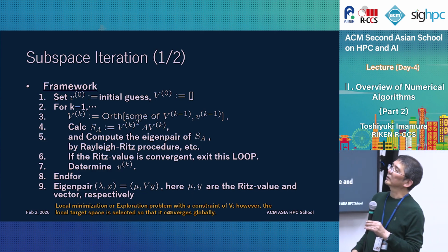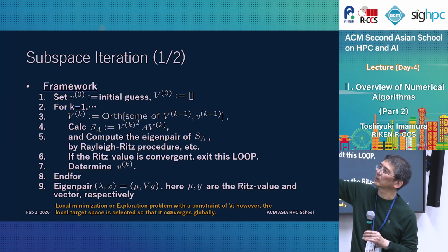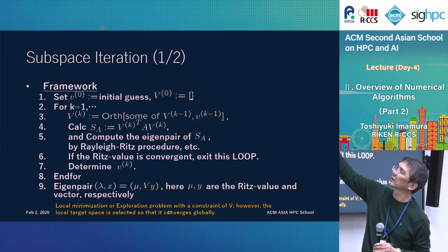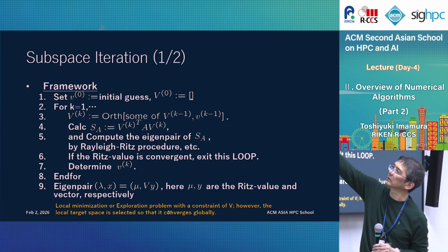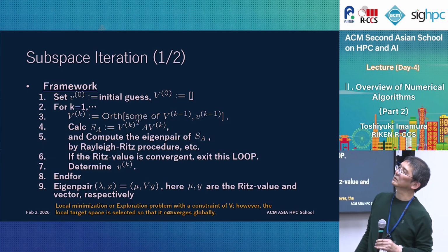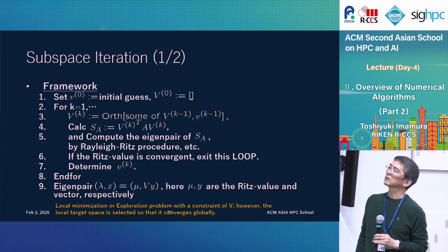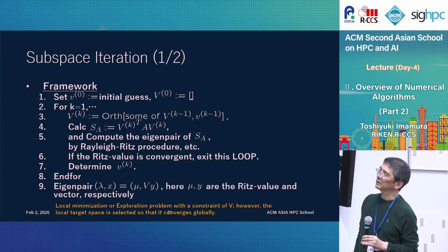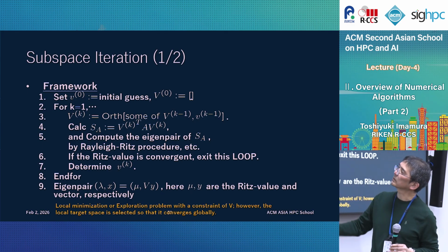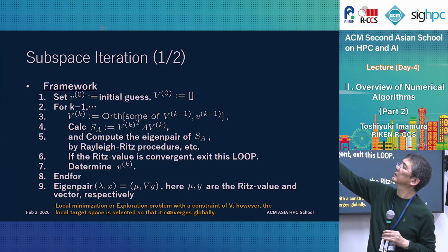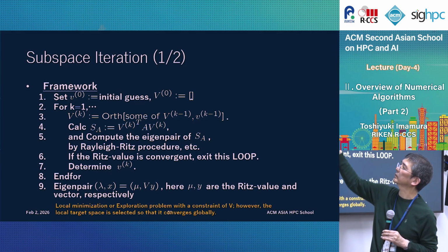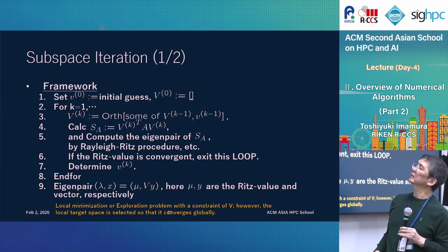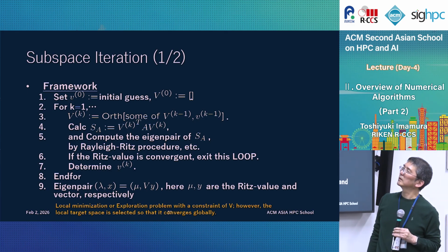If we iteratively multiply the matrix to the vector V, it is a power method. But here we consider the projection of the matrix and the vector pool.